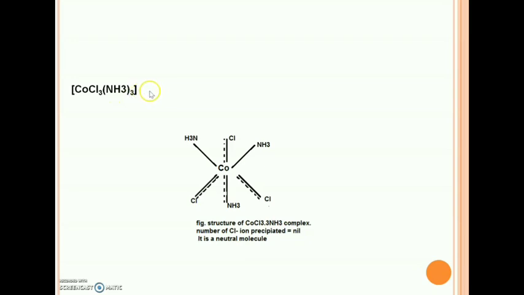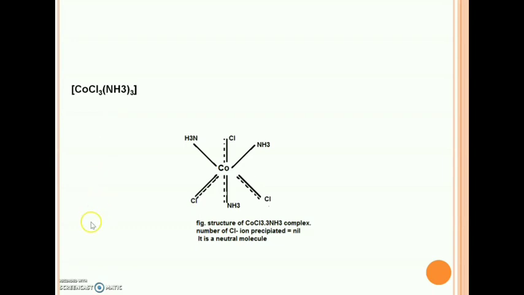There is no counter ion and there is no free primary valency, and here all the chloride ions play the role of primary valency and secondary valency. And when we add silver nitrate, no precipitate is formed, because in this case these chloride ions are non-ionizable because they satisfy the secondary valency, and they do not form any precipitate with silver nitrate. That's all about Werner's theory.